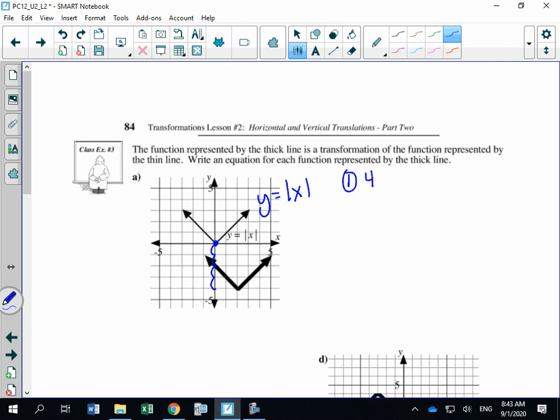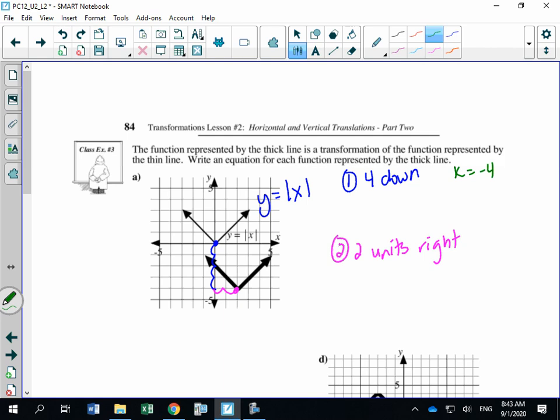So 4 units down and 1, 2 units right. Okay, so a translation 4 units down. So we know that that's going to be k is equal to -4.